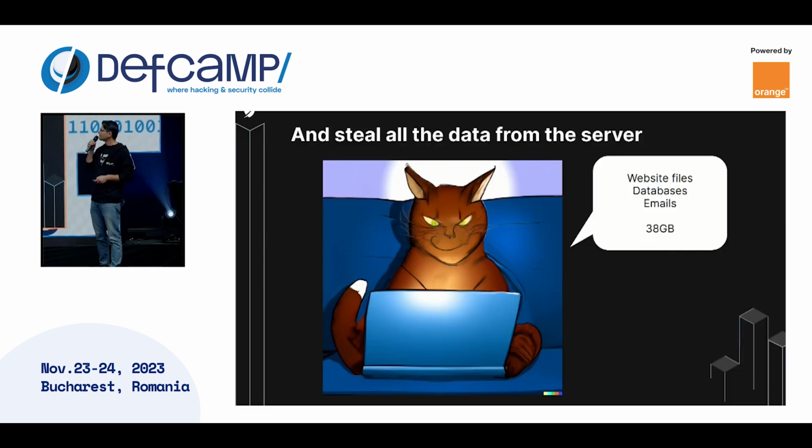After that, he started digging through the data to see what he gained access to. On that server, there were multiple instances of WordPress with multiple sites on the same server. Of course, he dumped all the files from there, the databases, and somehow he managed to gain access to a bunch of emails.